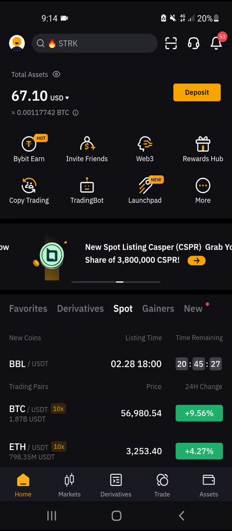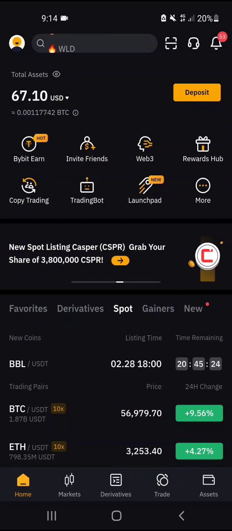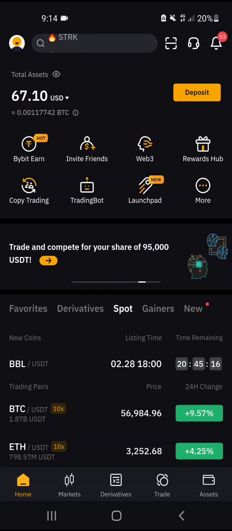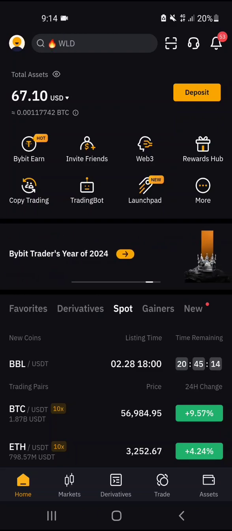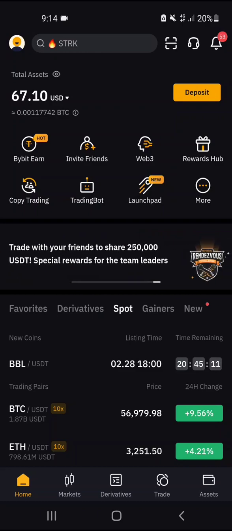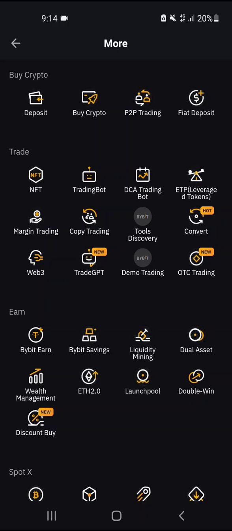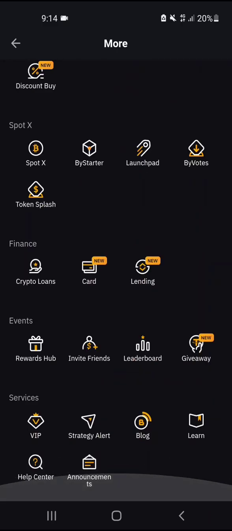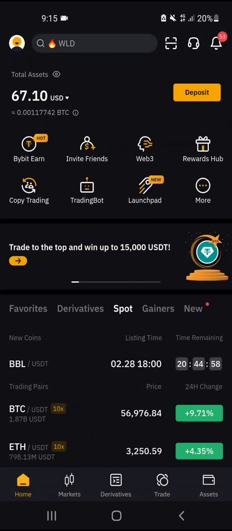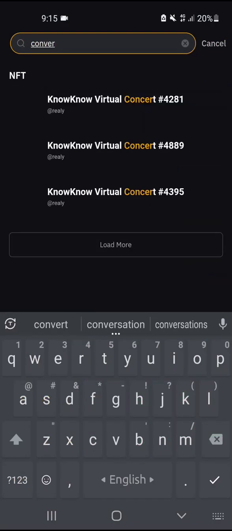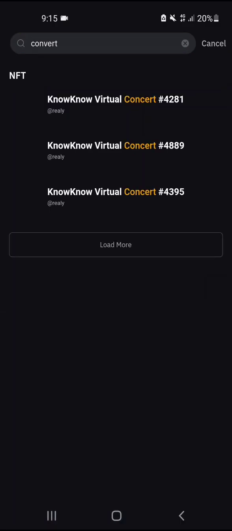This way you can sell your asset at your intended price. Here market and convert are the same. To do convert, click on more, and if you don't find the convert option, search for convert here.